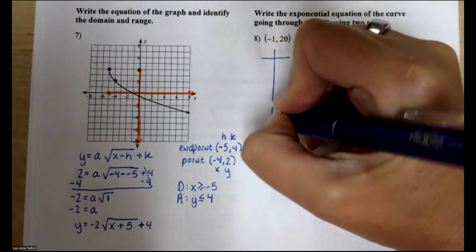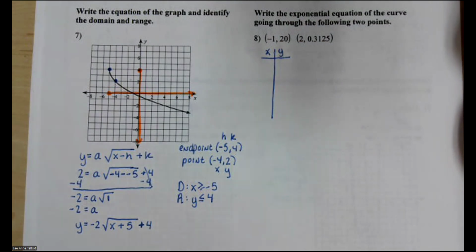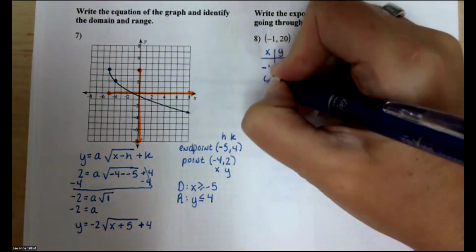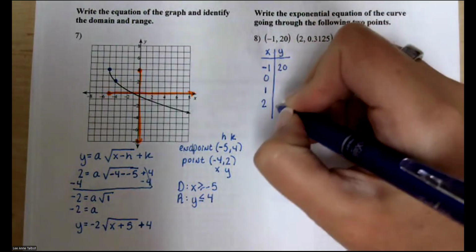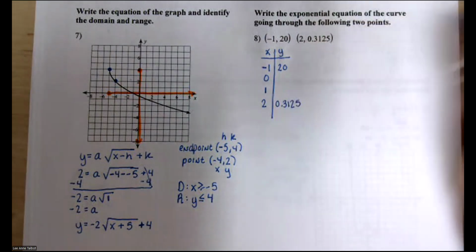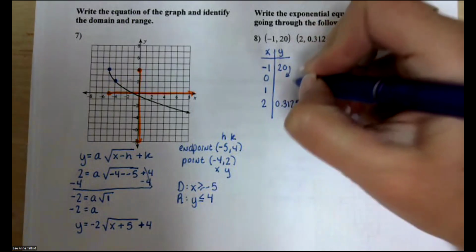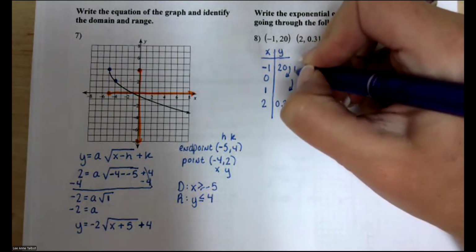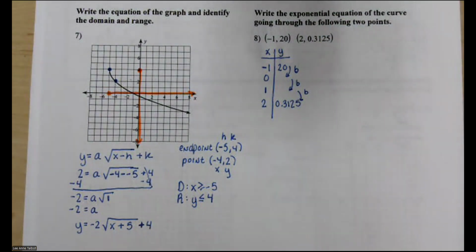Start with a table. Remember to make a spot for 0. I'm a little nervous about these numbers. They might be terrible. Count the B's. 3 B's.